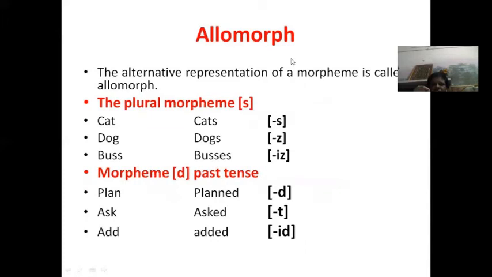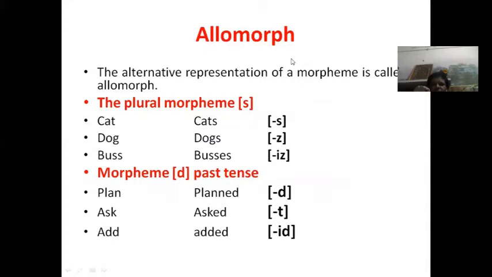I also told you that when it comes to the plural form, the s morpheme has variations in sound.